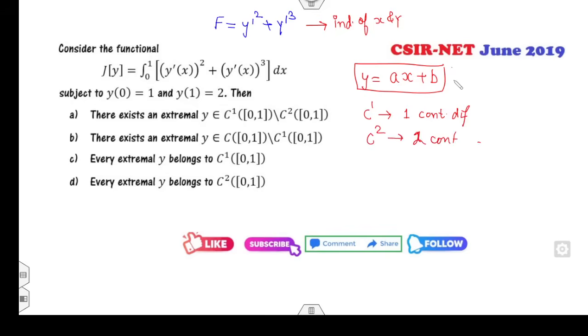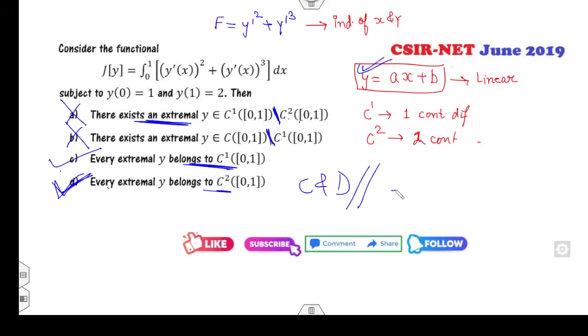But we all know that this function is linear, which is one time differentiable, and infinitely many times differentiable. But he said there is an extremal not C2. That's wrong, but this is a two times differentiable function as well. Not C1, that's wrong. Every extremal is continuously differentiable. Every extremal is two times continuously differentiable. That's true. C and D are my right answer of this problem.